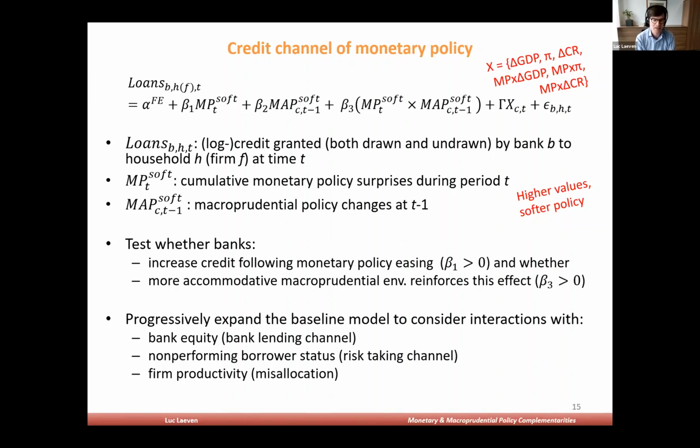First, the well-known bank lending channel: does this transmission of monetary policy depend on bank equity? The risk-taking channel: whether it depends on the risk of the borrower. And some notion of misallocation: whether it depends on productivity, TFP. This we can only do for firms. We have no way of measuring the productivity of households.